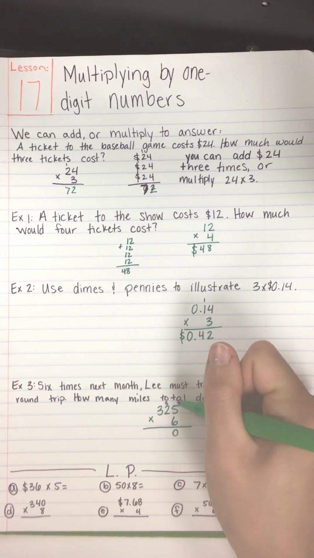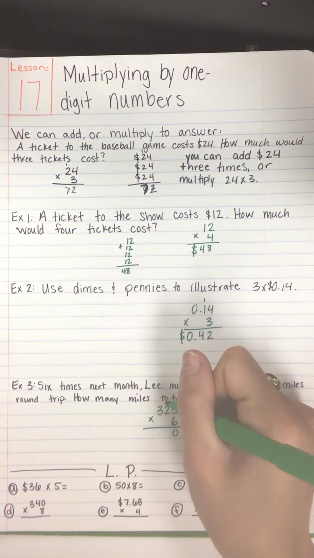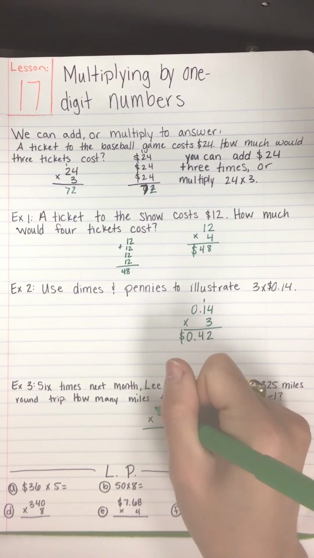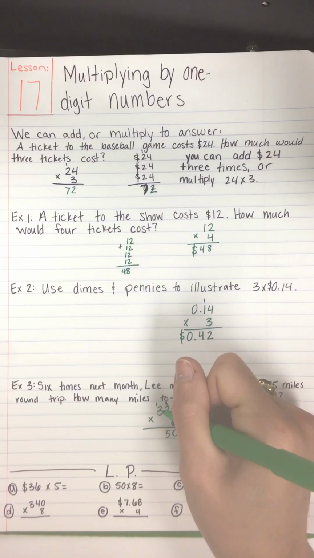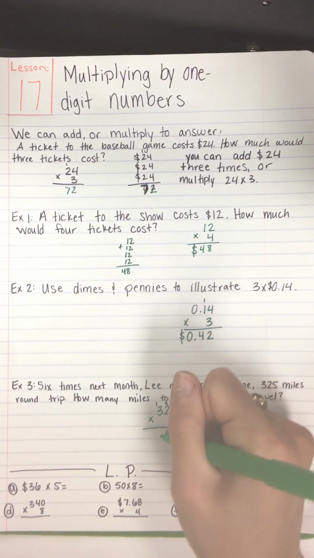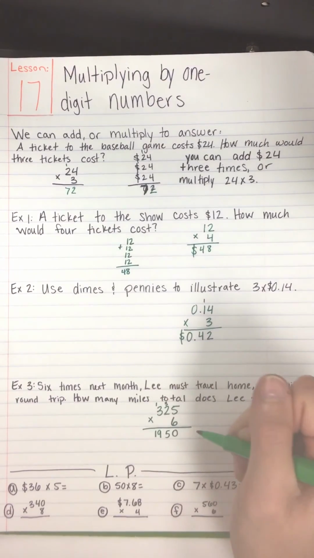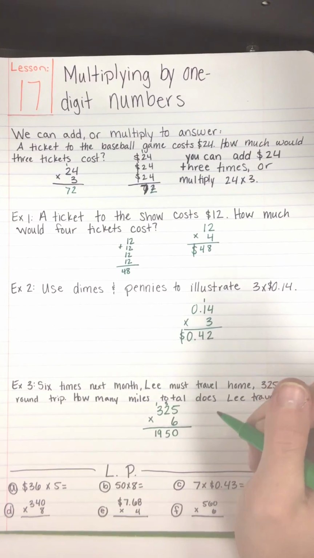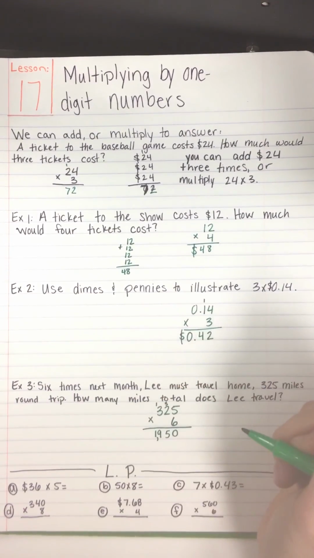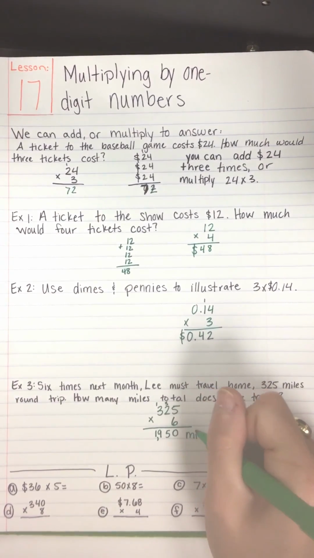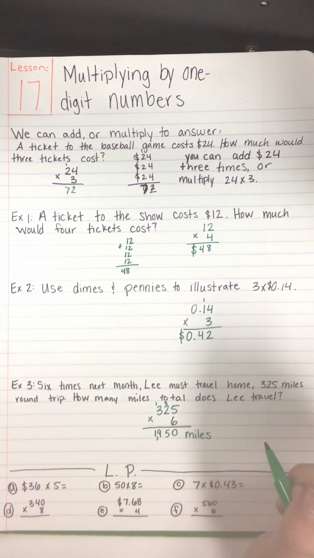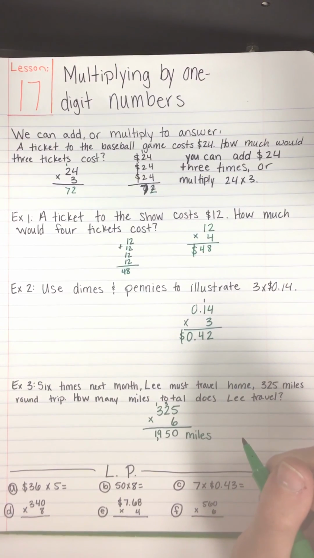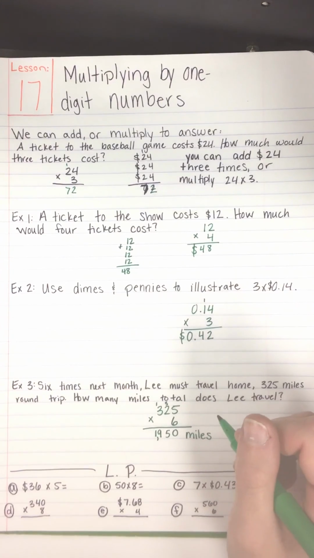And 6 times 2 is 12, plus 3, 13, 14, 15. And 6 times 3 is 18, plus 1 is 19. So he had to travel 1,950 miles.